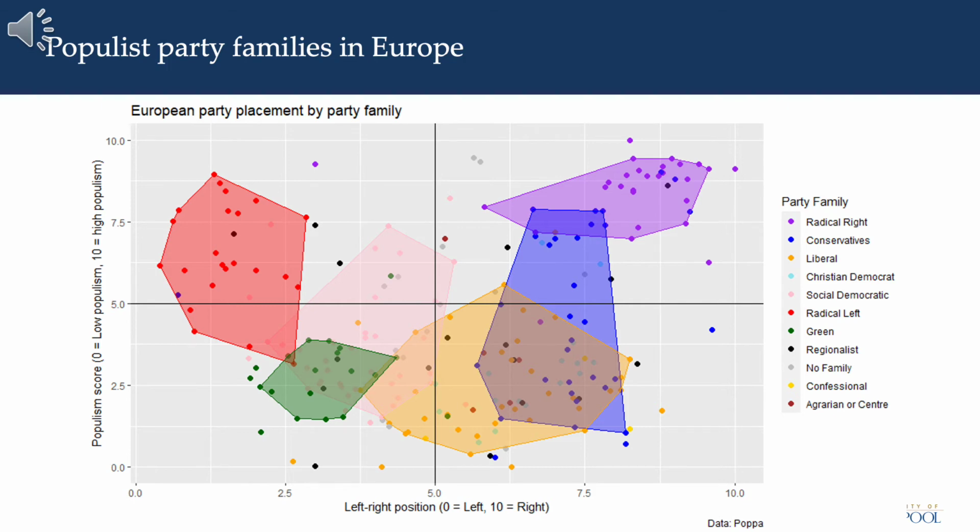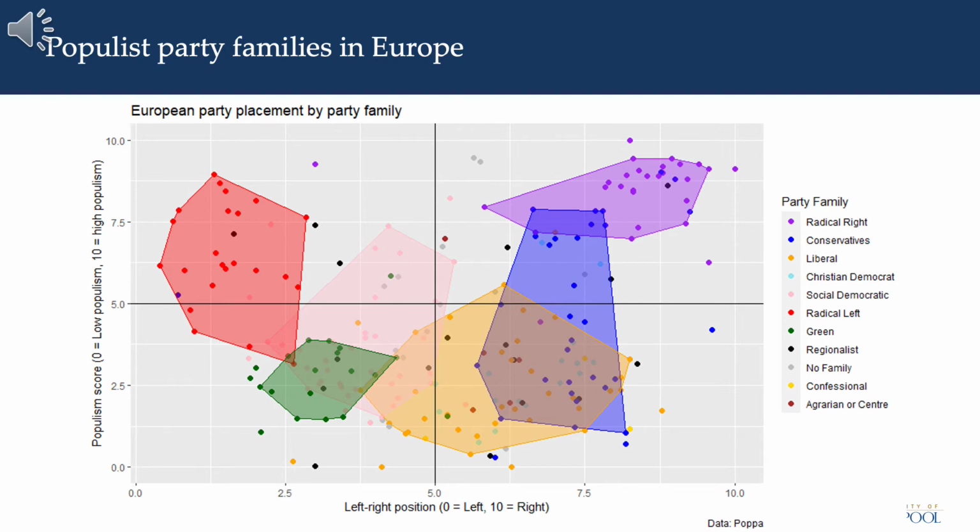What each dot, or the colour of each dot, represents is the party family that party comes from, and then what we call bags in data viz, the shaded areas, represent the area where 75% of the cases within that party family fall. So it basically shows you where those parties cluster ideologically.